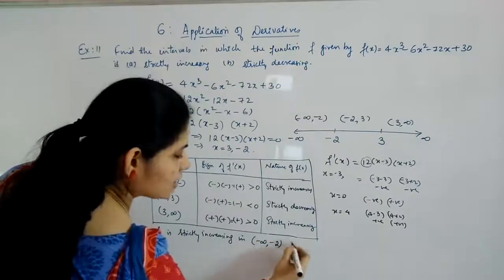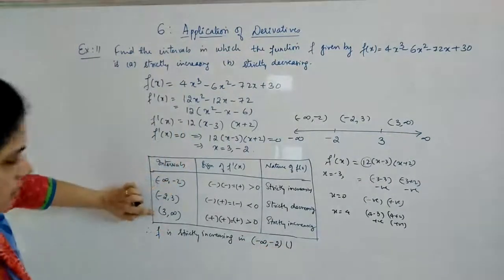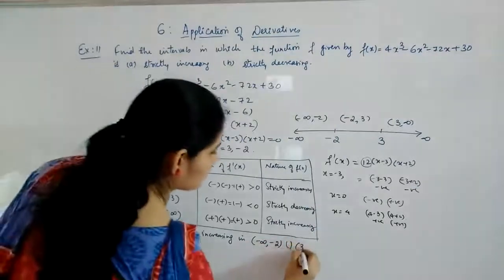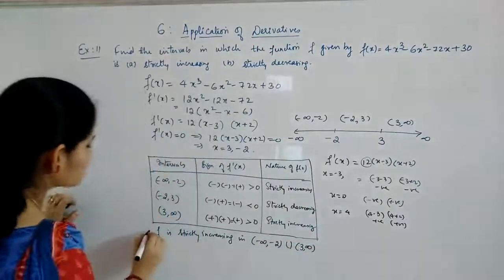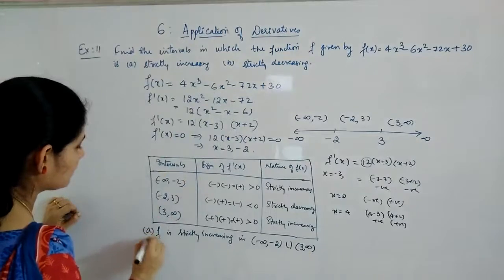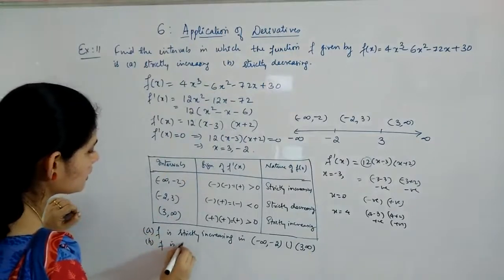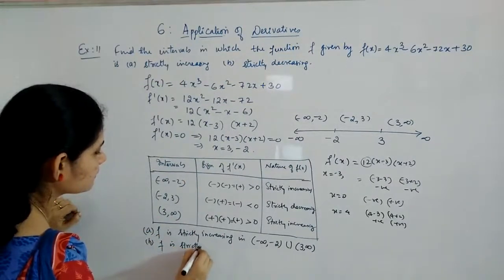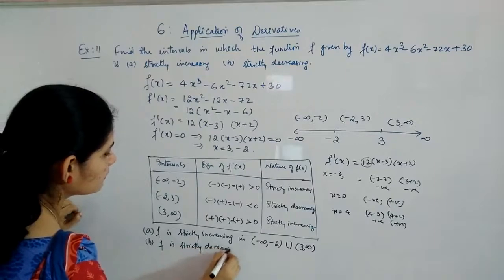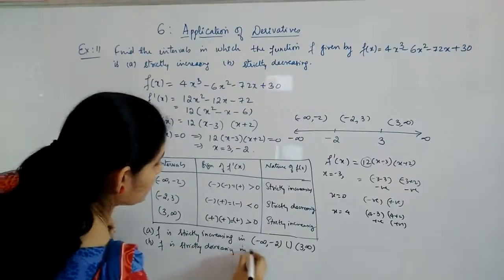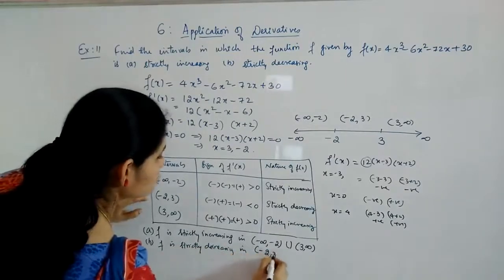You can write and, or union. Okay, and the combination is this, 3 to infinity. And so this is your first part, that is A. And B is f is strictly decreasing in the open interval minus 2, 3.